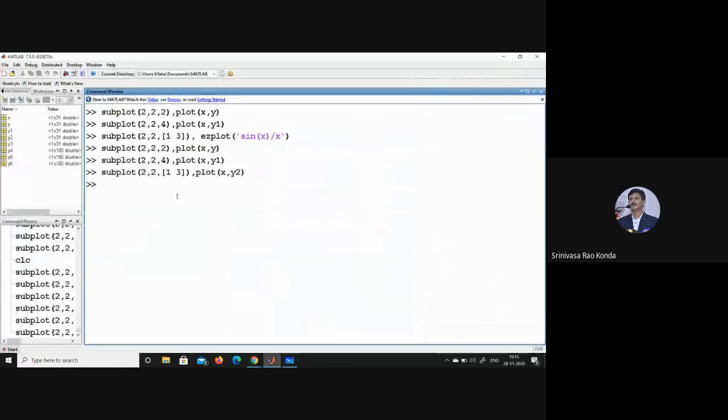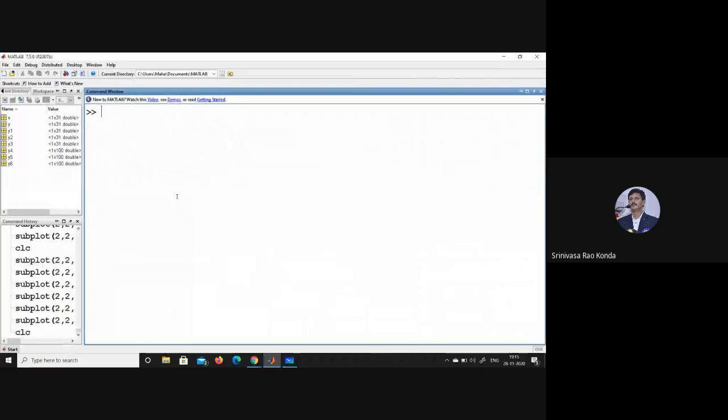Okay. Subplot two rows, three columns. 1, 2, 1, 2, 3. I want to make 1, 2. Okay. Plot x comma sin x.